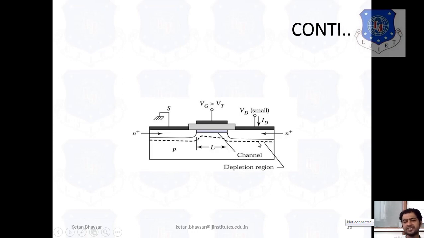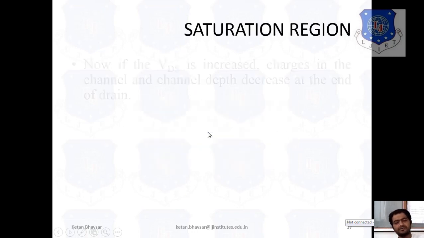The depletion region is also created because, as you already know, if you increase the voltage greater than the threshold voltage, first it is in accumulation, then depletion, and then surface inversion takes place, as we already studied in external bias effect. So the channel will be formed and the depletion layer will also be created. It is because of the channel formation that it's called the linear region.